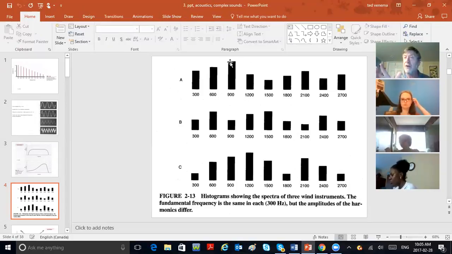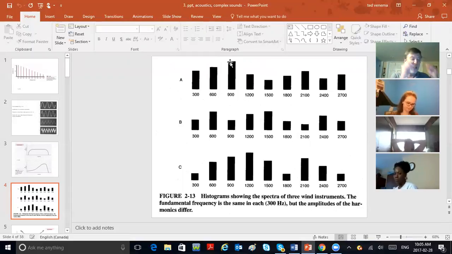That's why a horn sounds different from a trumpet, from a clarinet. The vibration of your lips will be the same for each instrument, but because the shape of the horn is different, it's going to resonate at different frequencies. And that's what gives you your different sound quality.